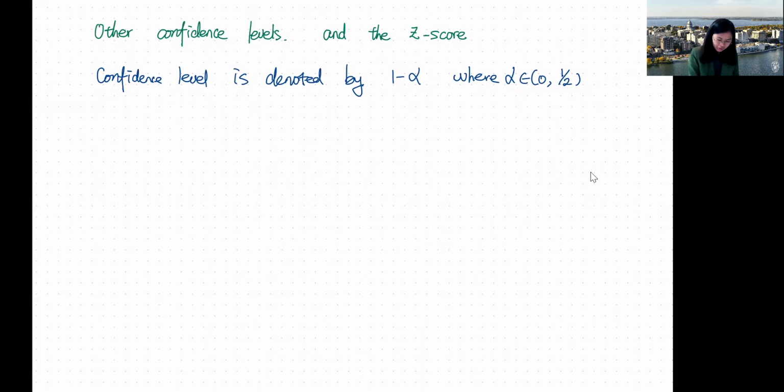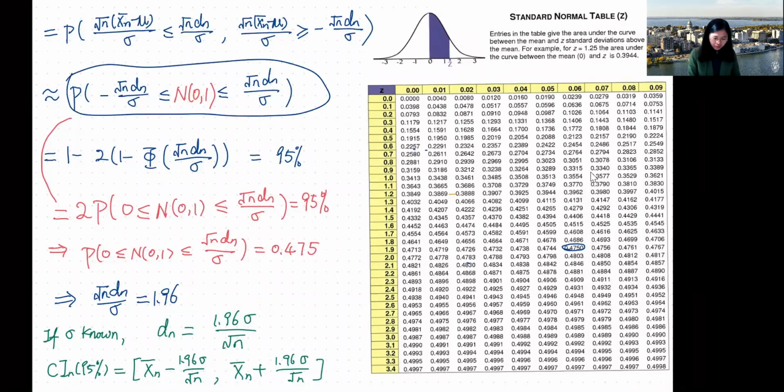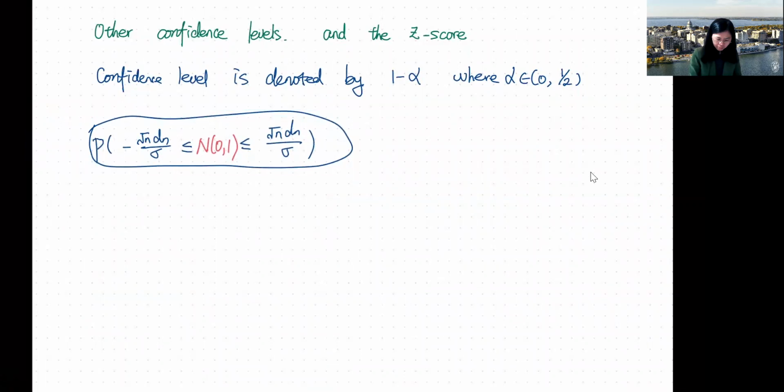So if we want a confidence interval of confidence level 1 minus alpha, then from the previous page, we will want this probability, I can copy that formula, to be equal, or approximately equal, to 1 minus alpha, because this is the standard normal already.